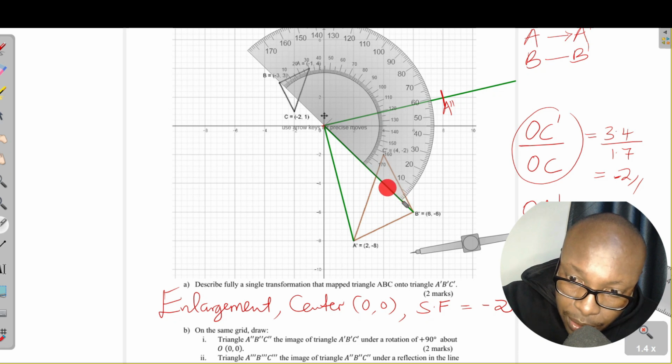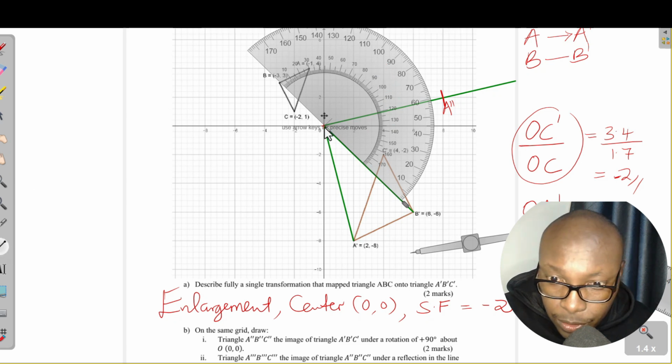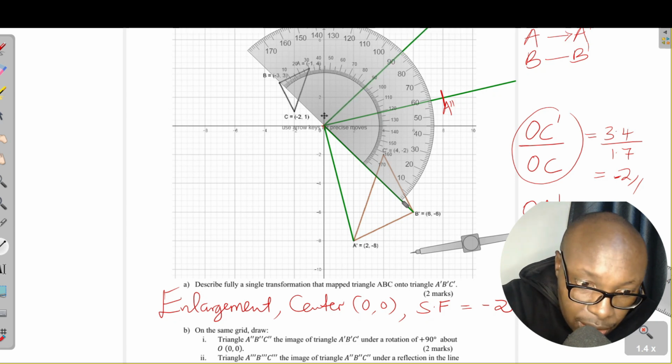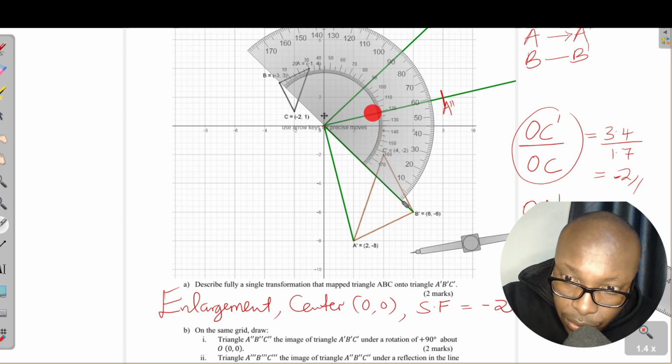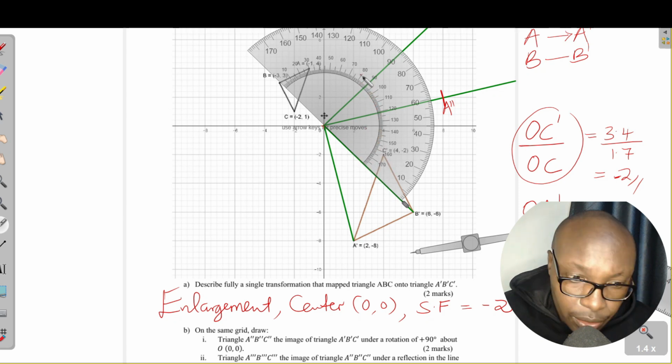So you measure 90 degrees, and you draw, so you can see that is actually 90 degrees. This is the angle, that is +90 degrees.